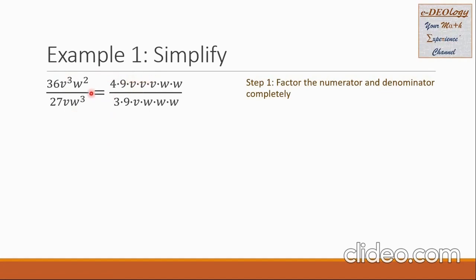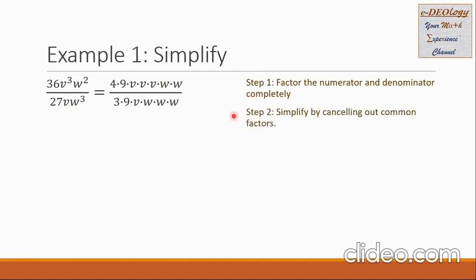For the w squared, we wrote the w here 2 times. Let's go to the denominator. The 27 is now factored out into 3 times 9. And the v variable is copied. And the w cubed is now written here 3 times.